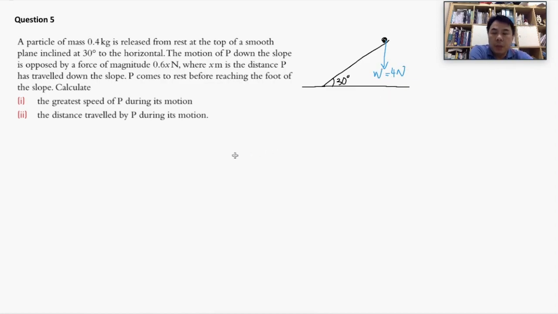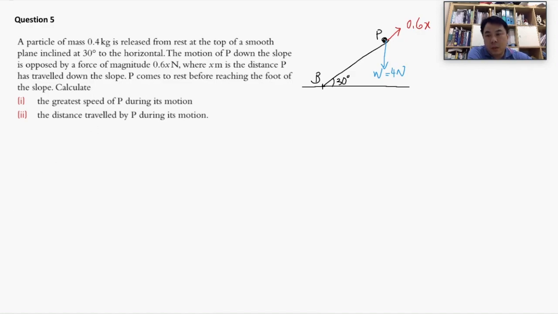As it slides down, there is an opposing force of 0.6x against the motion. It comes to rest just before it reaches the foot, before it reaches B, for instance. This is particle P here. Those are the information that we have.